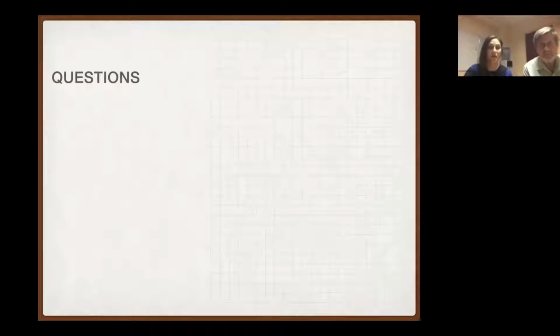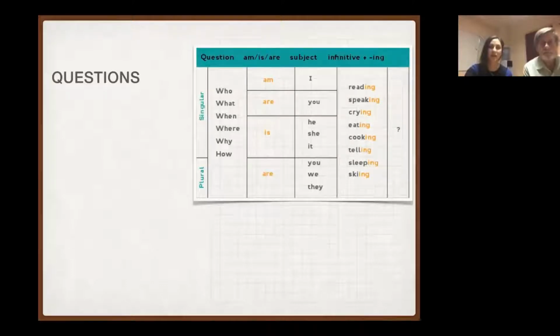So, we need to learn now how to make questions in present continuous tense. What we do is very simple. We simply move the right form of the verb to be to the first place, or we can say before the subject, before I, you, he, she, it, we, they.